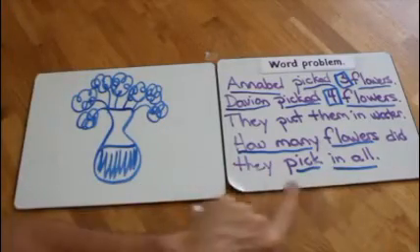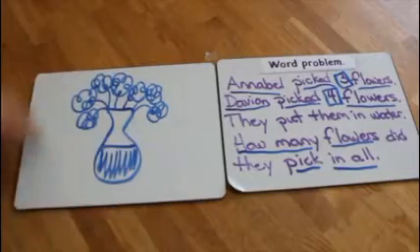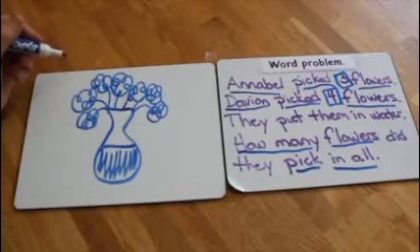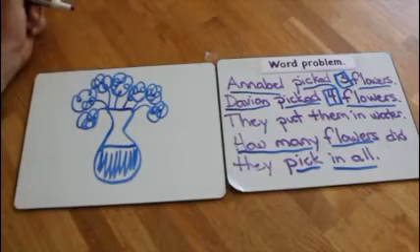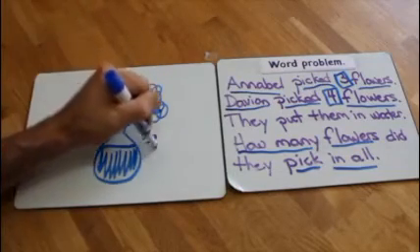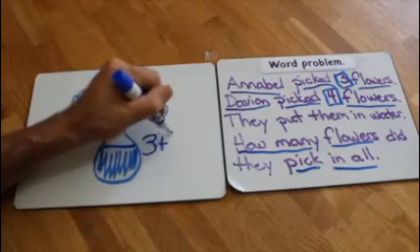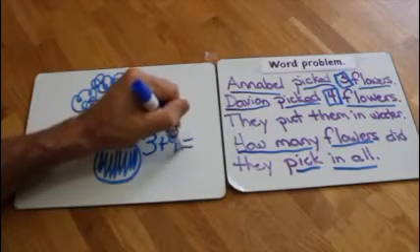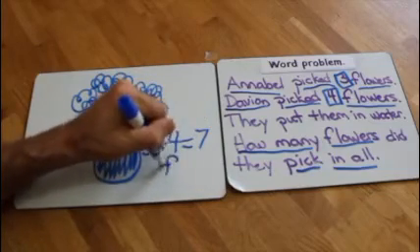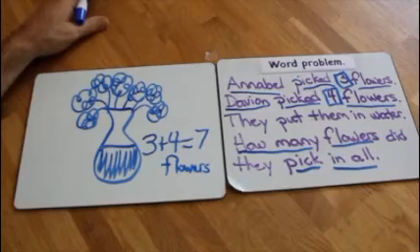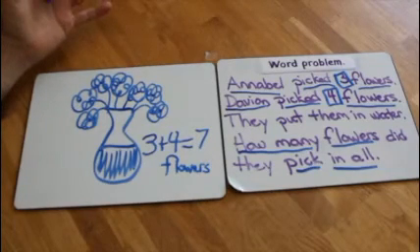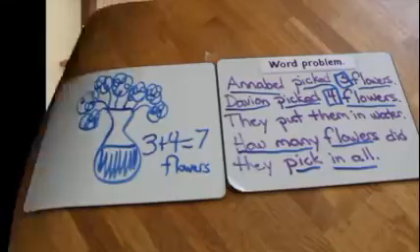How many flowers did they pick in all? So we want to know how many there were all together now. And it's 1, 2, 3, 4, 5, 6, 7. Because 3 plus 4 equals 7 flowers. Does that make sense, boys and girls? It does. And flowers make a day beautiful. That was an amazing job, you guys. I'm pretty sure I might have heard you guys. Maya, you too. Great job, everyone.